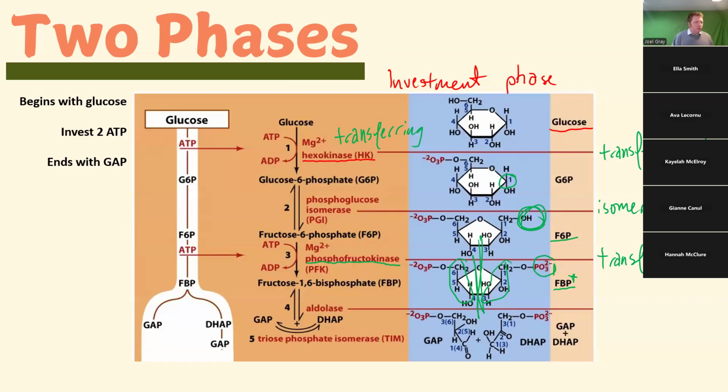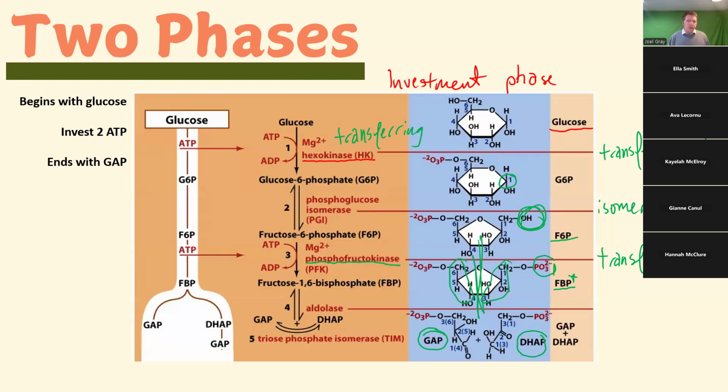Now, the 2 products that come out of splitting this are glyceraldehyde 3-phosphate and dihydroxyacetone phosphate. These 2 molecules are both phosphorylated sugars. So that means that they are 3-carbon sugars and they each have phosphate.